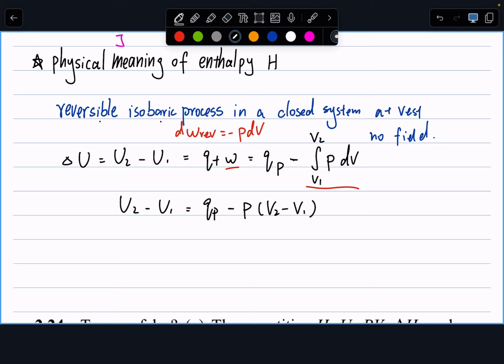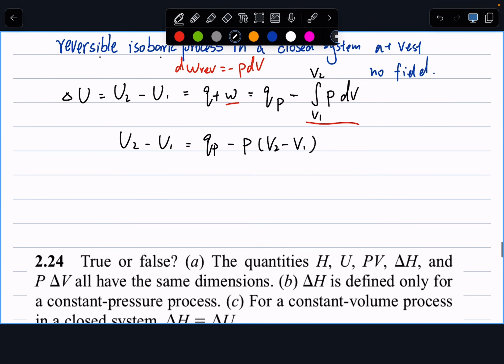So let's move the terms a little bit. We have Q_P on the left-hand side, and U2, U1, PV1, PV2 on the right-hand side. So this becomes U2 minus U1 plus P times (V2 minus V1).